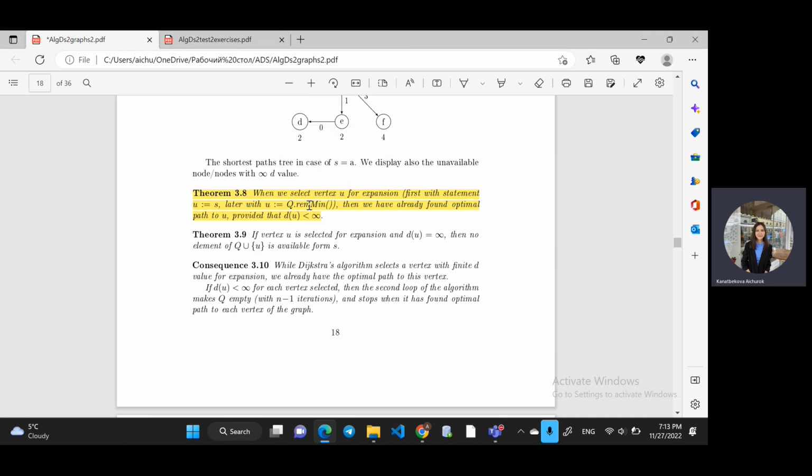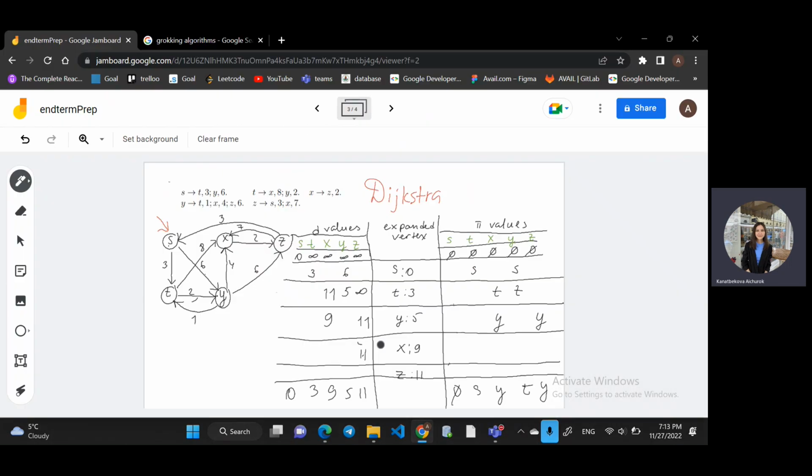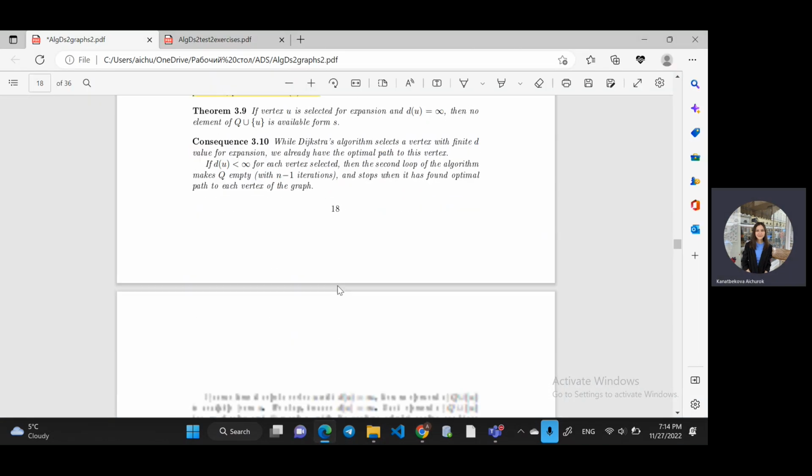It says, when we select vertex U for expansion, then we have already found the optimal path to U, provided that the d value of U is smaller than infinity. That simply means that once you have your nodes in here, then you have already found the shortest paths to these nodes. Yeah, that's it for Dijkstra.